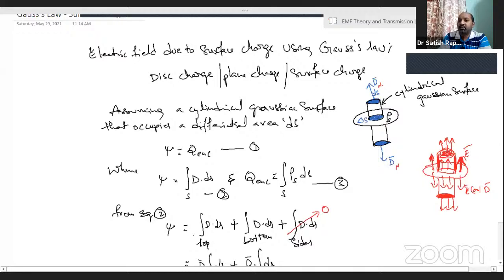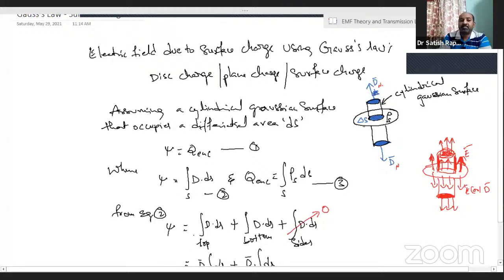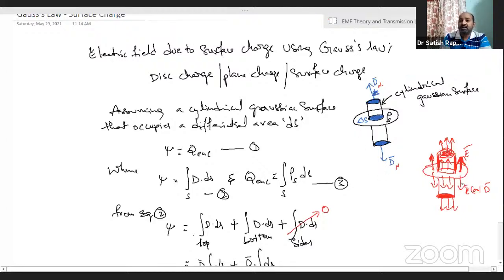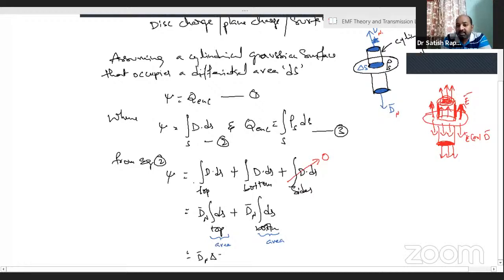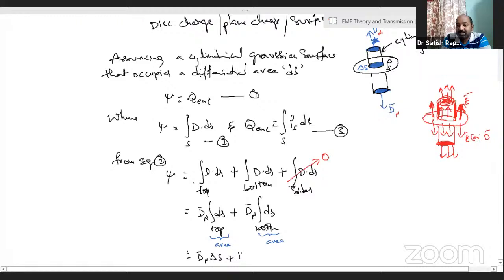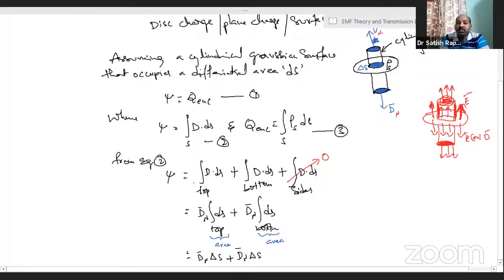Instead of dS, let us say delta s. So this becomes dn bar delta s plus dn bar delta s, the field with respect to top and the field with respect to bottom.